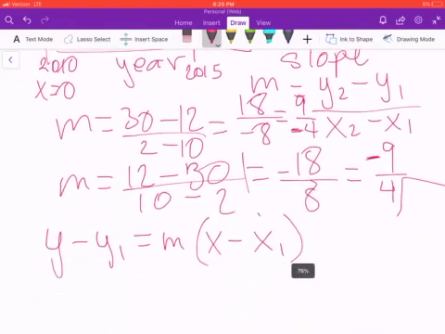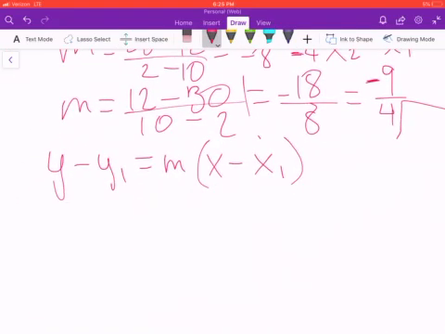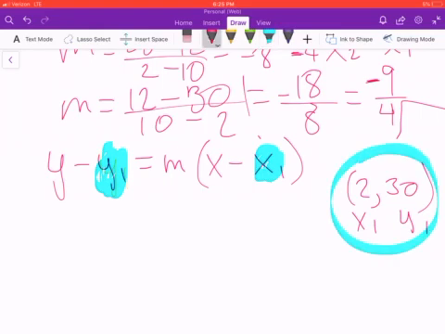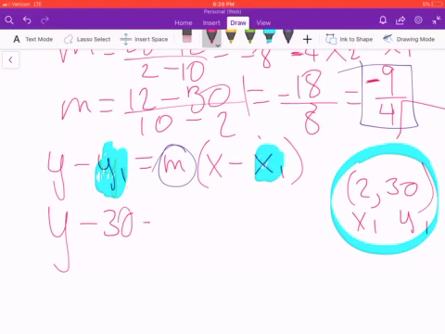I'm going to take that one, 2, 30, and replace my x1 and y1 with this point. My slope is going to come from the one I found previously. So this is going to look like y minus 30 is equal to negative 9/4, and then x minus 2.